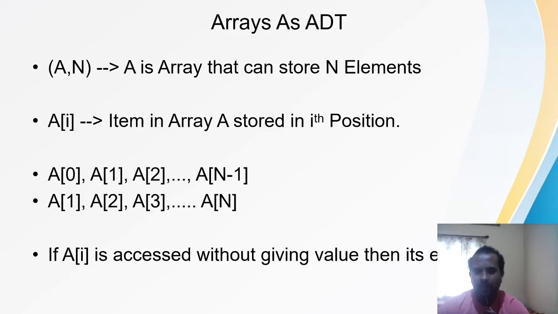For example, if I am saying integer data type, it tells me the domain, that is, what value can be stored. For example, an integer can only store an integer number, a whole number. Let me say char: what is the domain? It is going to store characters.